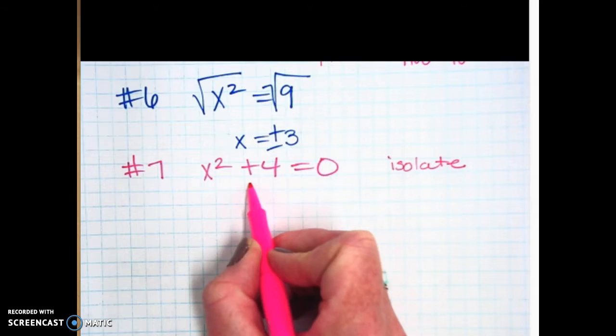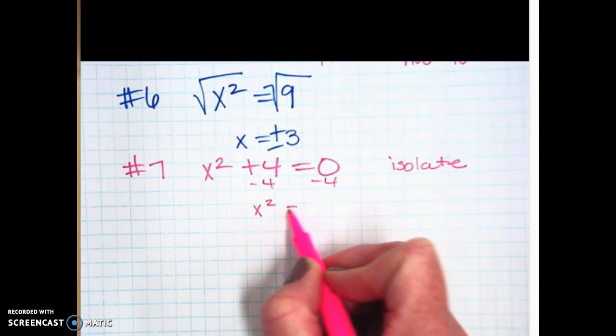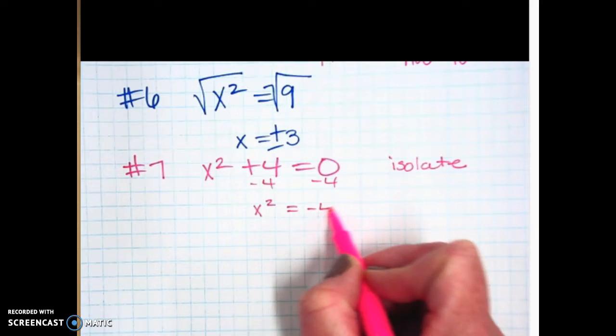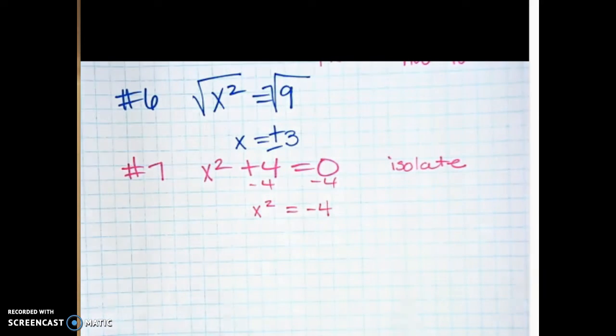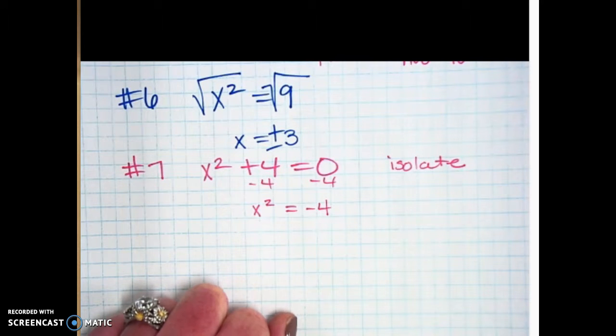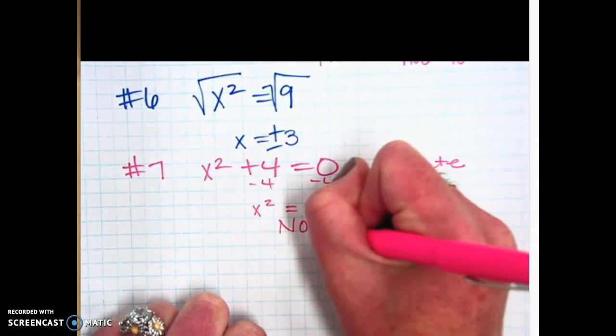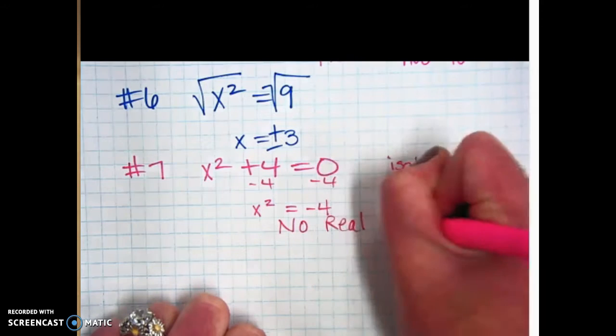So you're going to subtract 4 from both sides, and you end up with x squared equals -4. What number can we square and get -4? Yes. The answer is no real solution.